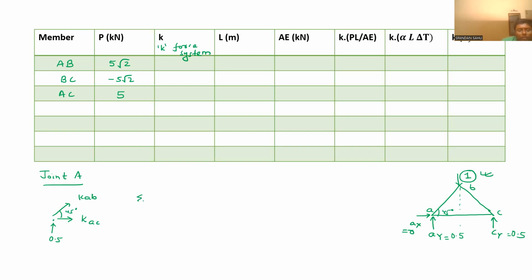So now we will do summation of Fy equal to 0 in vertical direction. We are taking it to be positive. So KAB sine 45 is 1 by root 2 plus 0.5 equal to 0. So from here we are getting KAB as minus 0.5 root 2.